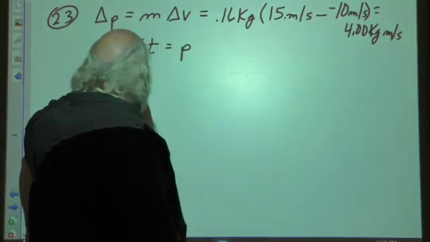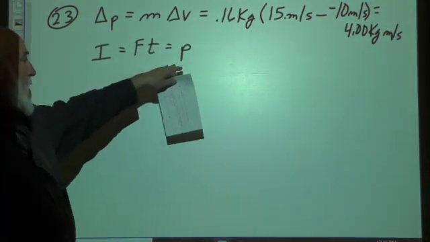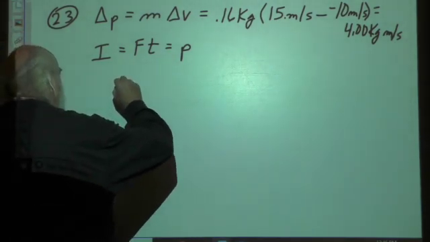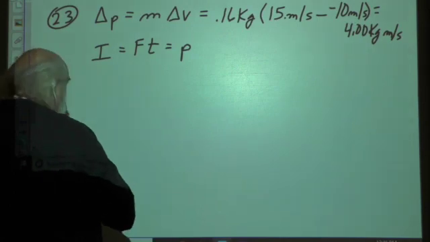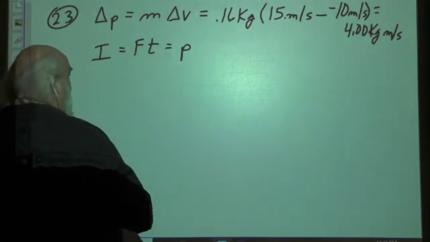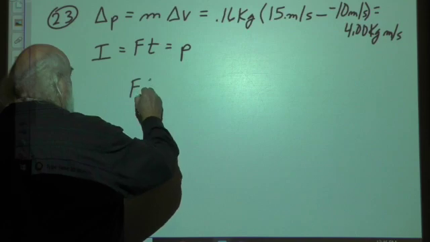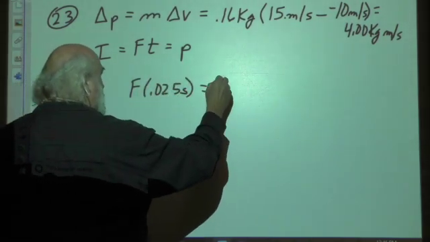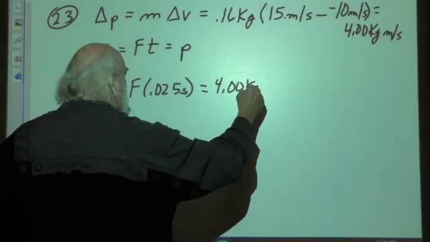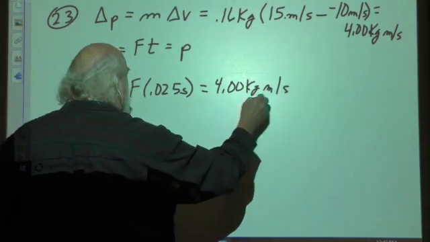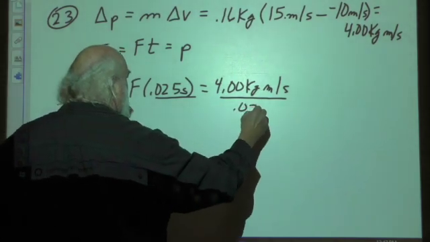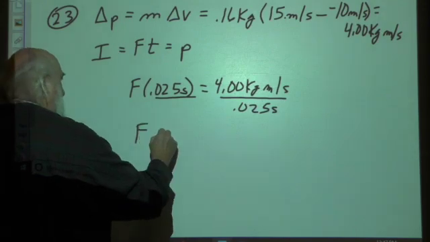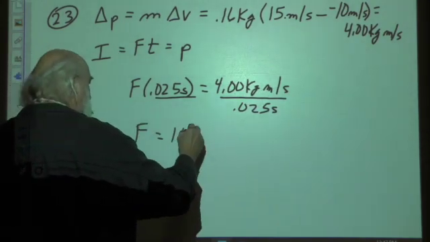Now we know that impulse, which is F times t, equals momentum. It says the ball was on the bat for 0.025 seconds, so the force times 0.025 seconds equals the momentum, which is 4.00 kilogram meters per second. We divide by 0.025 seconds, and the force then becomes 160 newtons.